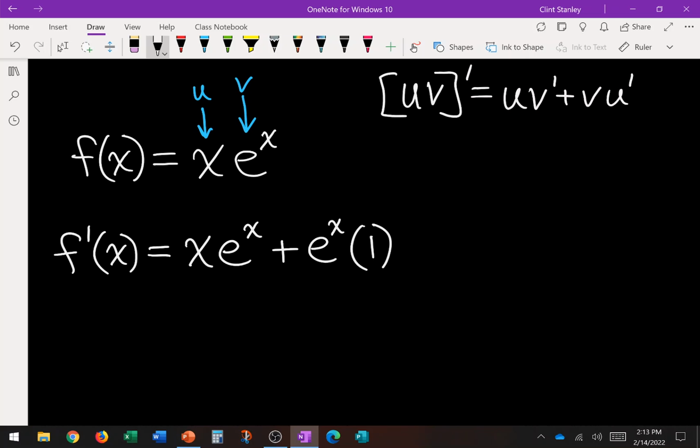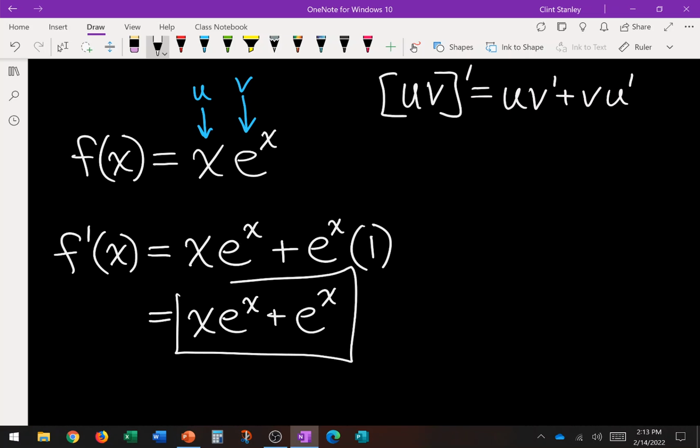Here's our derivative. We could simplify. I think the text, we could factor out an e to the x, right?